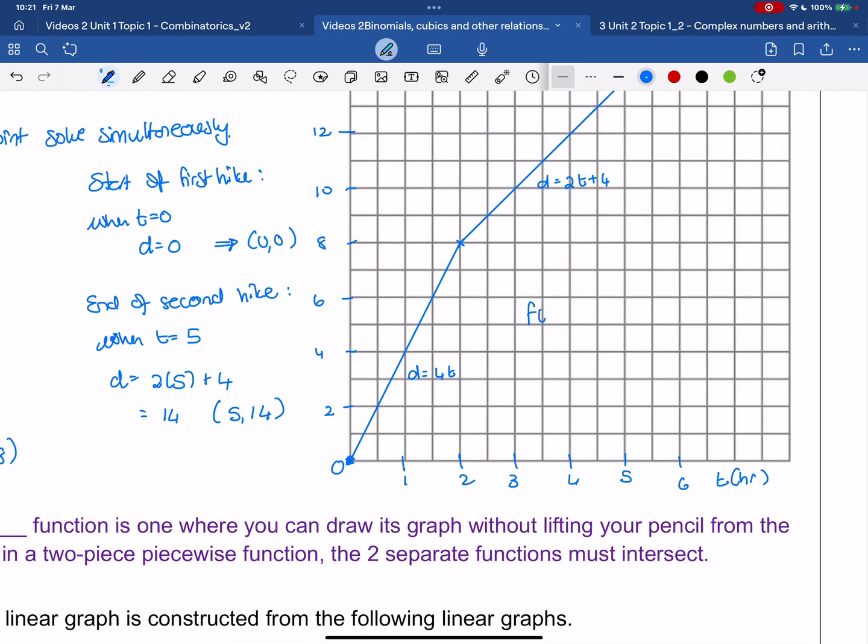So that means I'm going to put them together. So f of x, and I'm going to use a curly bracket to hold them together. First one is 4t for x greater than or equal to 0, less than or equal to 2 hours, and 2t plus 4 from 2 to 5.